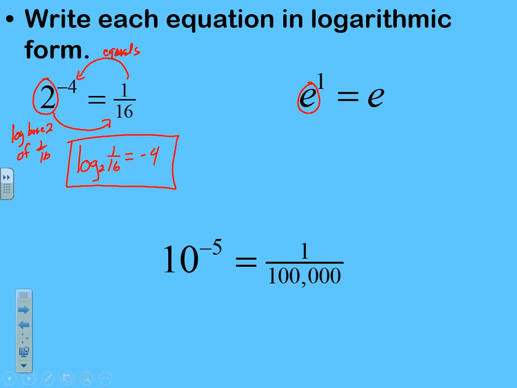So I'm going to say log base e of e has to equal 1. Or, because log base e is known as the natural log, I can say the natural log of e is equal to 1.